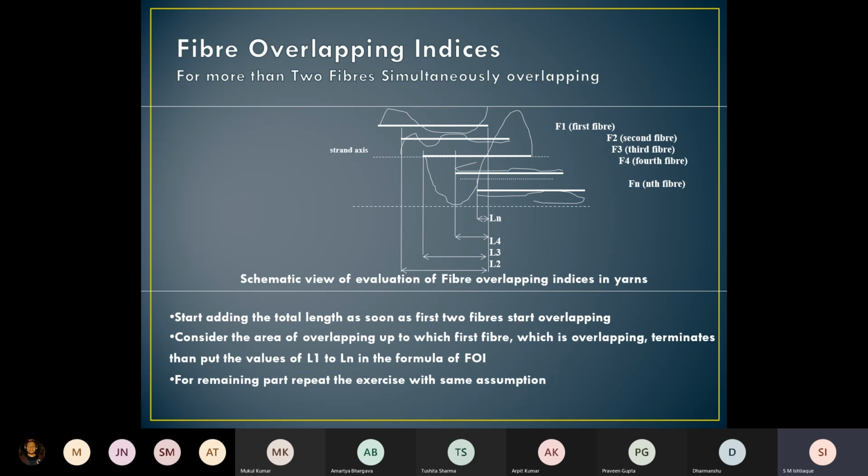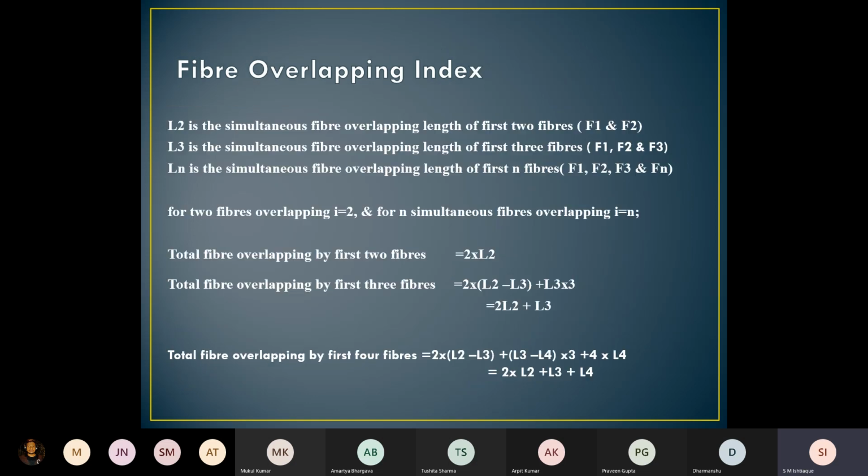This is how we are measuring here. L2 is the simultaneous fiber overlapping length for the first two fibers F1, F2. L3 is the simultaneous fiber overlapping length for the first three fibers F1, F2, and F3.